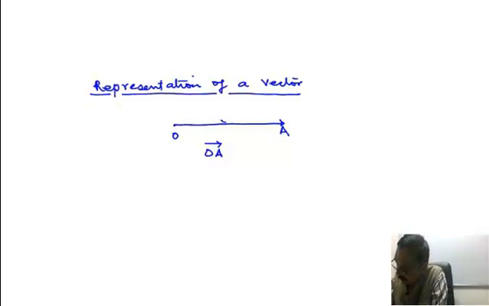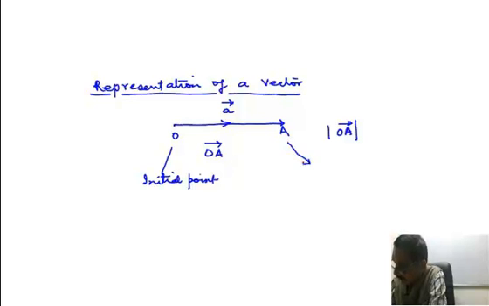This can also be represented like this, and suppose this vector OA is vector A, then OA is the length of the vector, which is called the modulus of a vector, where O is the initial point and A is the terminal point.